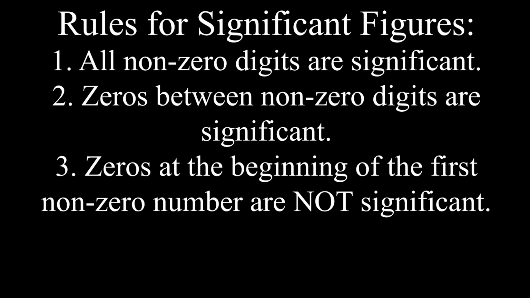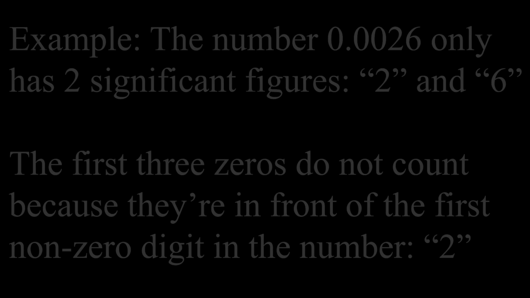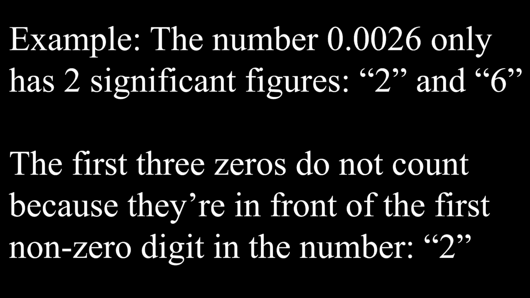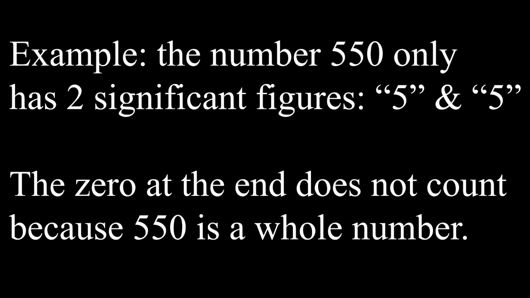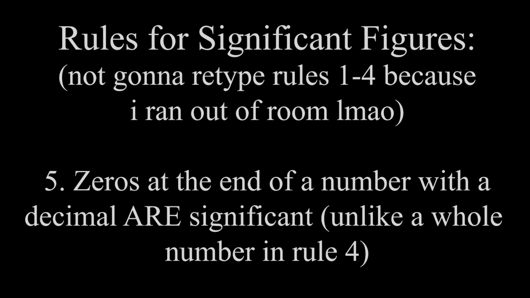3. Zeros at the beginning of a number are never significant. For instance, in the number 0.0026, there are only 2 significant figures because the first 3 zeros do not count. 4. Zeros at the end of a whole number are not significant. For instance, the number 550 only has 2 significant figures. The 0 at the end does not count. 5.